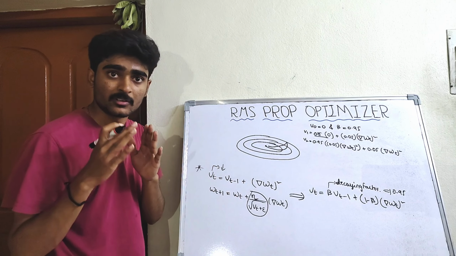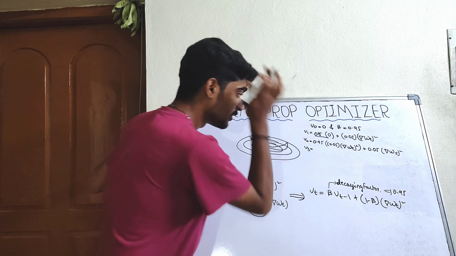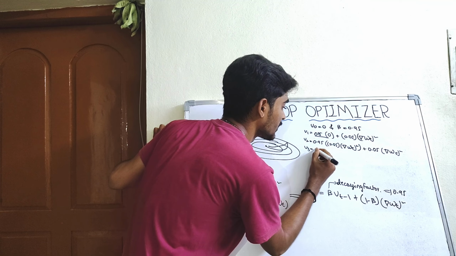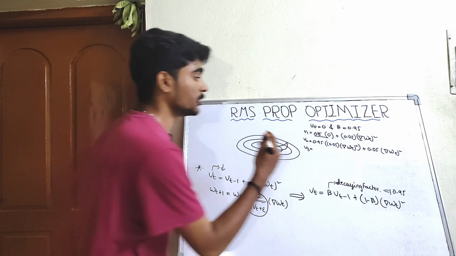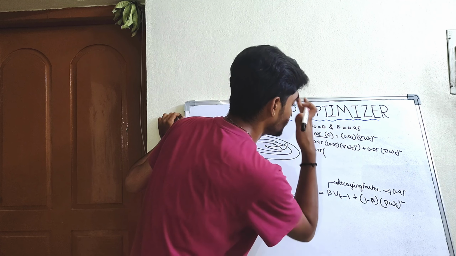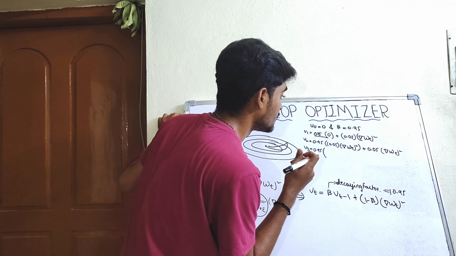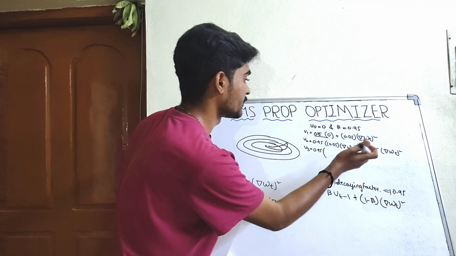This is the value of V2. Now we will stop at V3 and look at the small intuition there. What is V3? It is 0.95 times V2, plus 0.05 times delta Wt square.